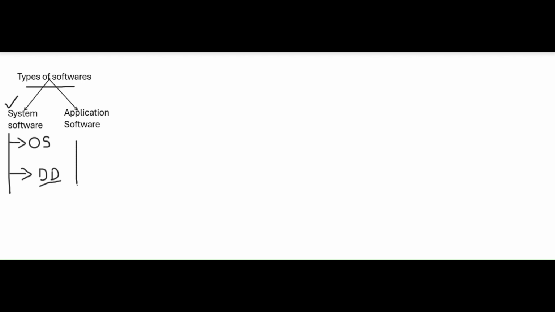And then coming to application software, these are specifically designed to serve a particular purpose. For example, you must have heard of Microsoft Word, which is specifically designed to type and format documents. Then MS Excel, which is used to manage tabular data.